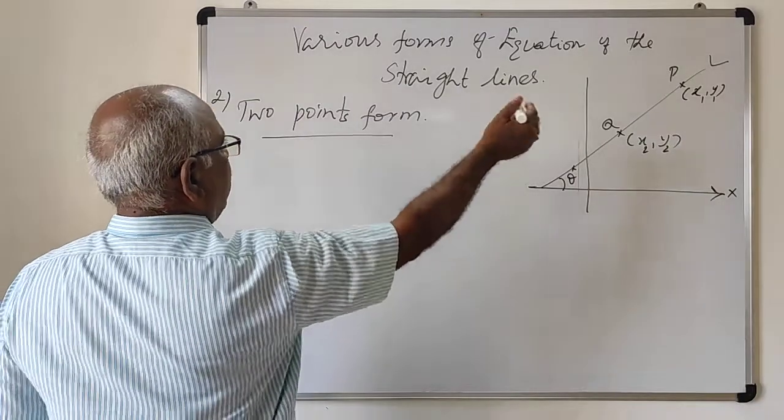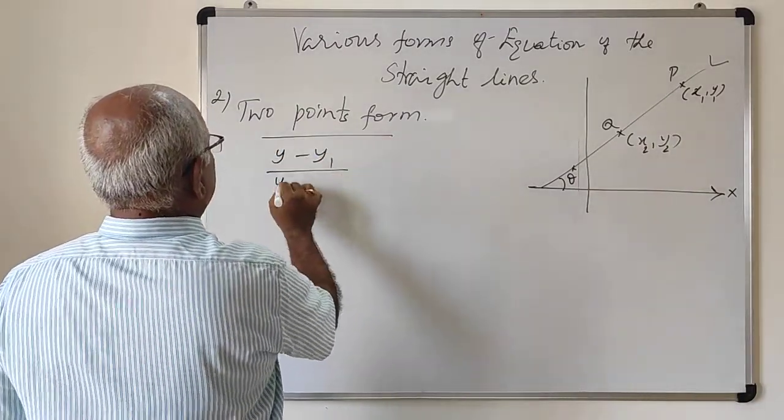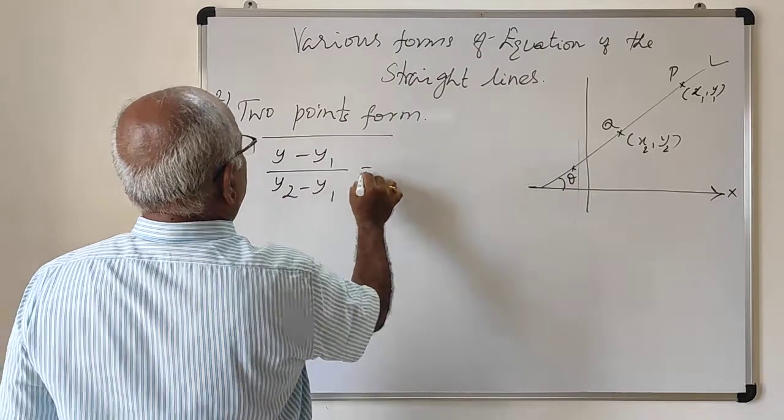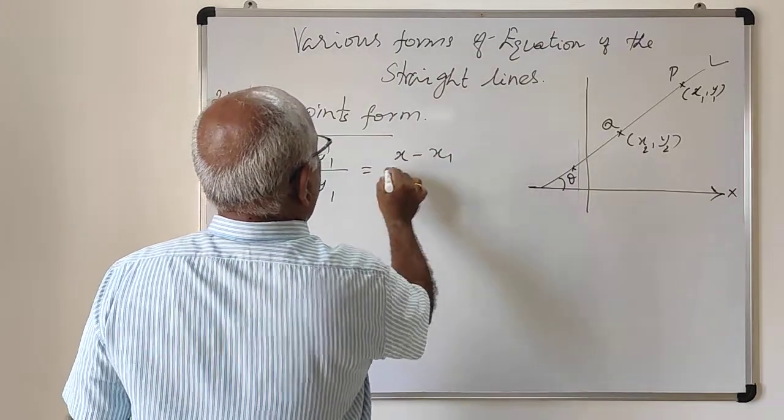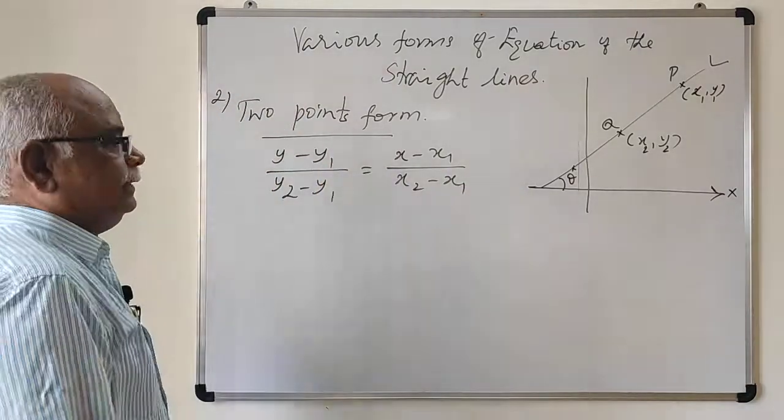What is the equation of the line? The 2-point form is (y minus y1) by (y2 minus y1) equal to (x minus x1) by (x2 minus x1). This is the 2-point form of the line.